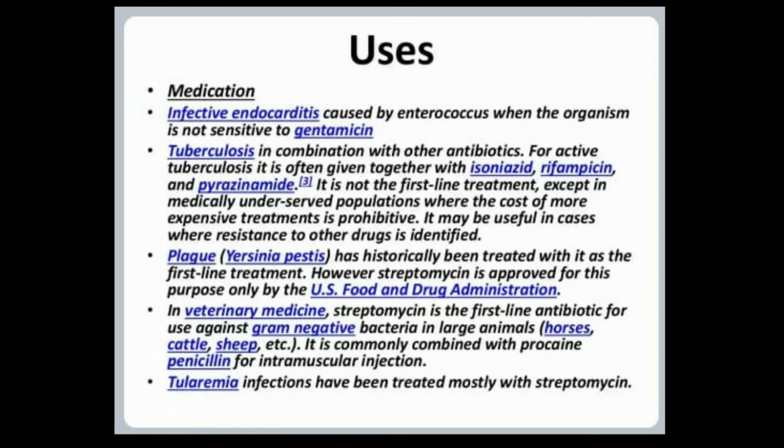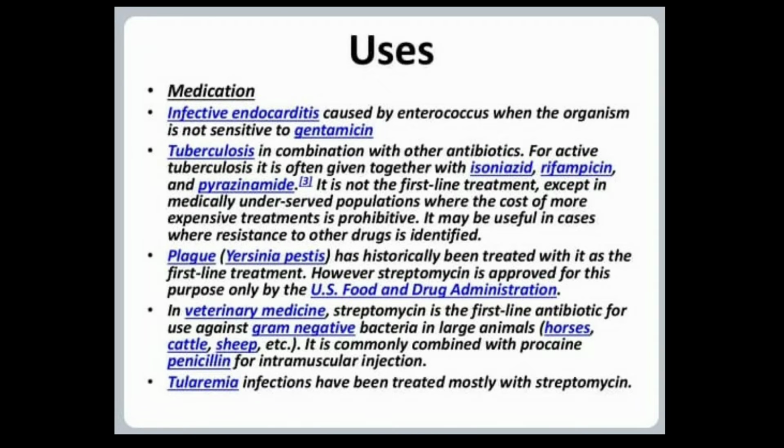Then we can see plague. It has historically been treated with it as a first line treatment. However, streptomycin is approved for this purpose only by the US Food and Drug Administration. It is also a veterinary medicine.